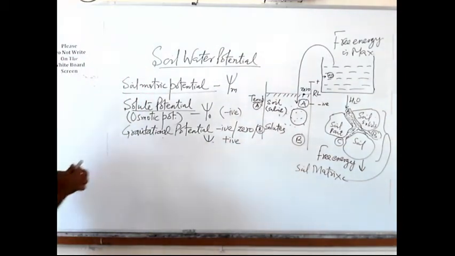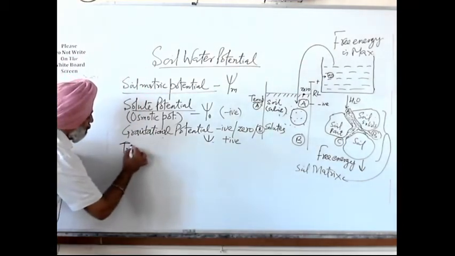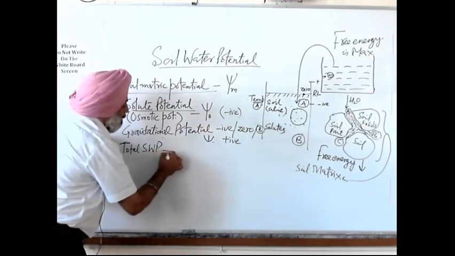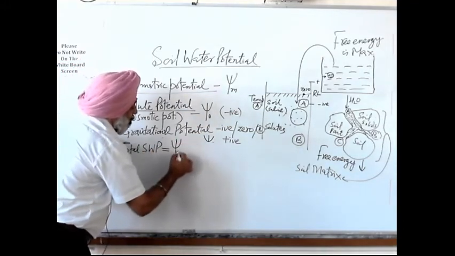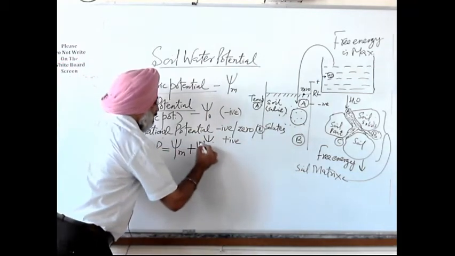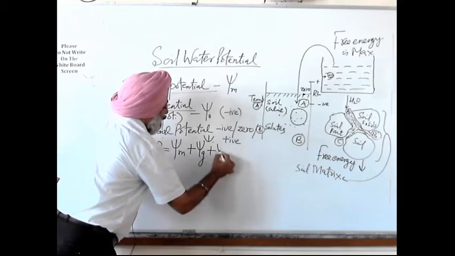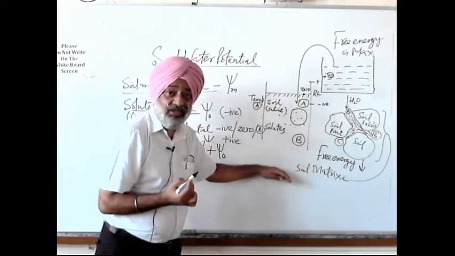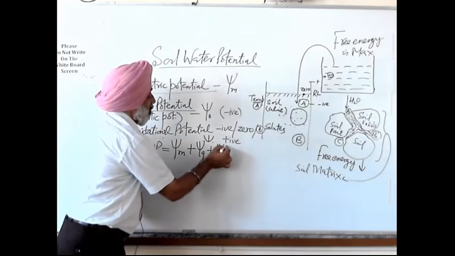So in other words, total soil water potential is equal to the sum of matric potential plus gravitational potential plus osmotic potential. And if your soil is non-saline, then even this component will not be there.